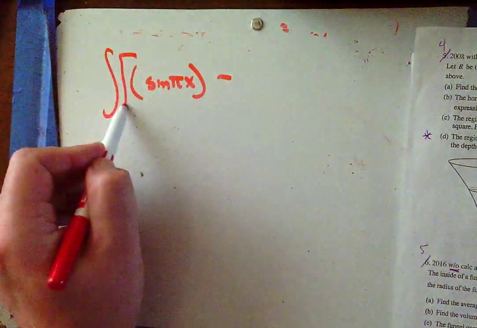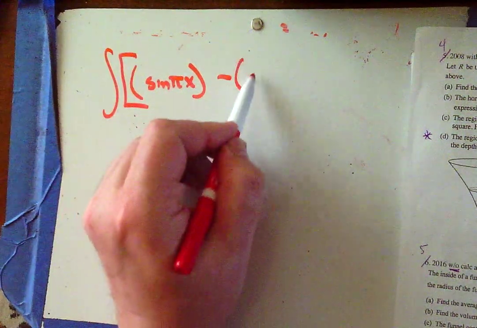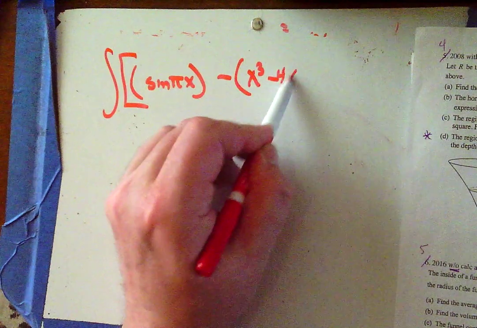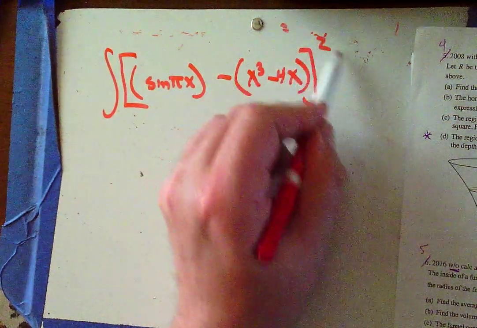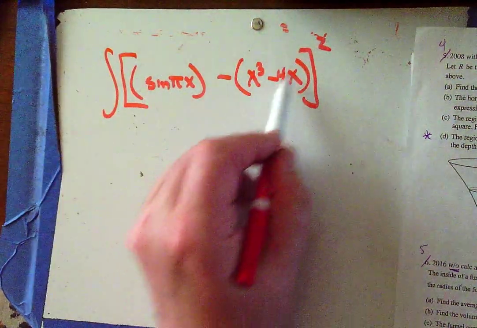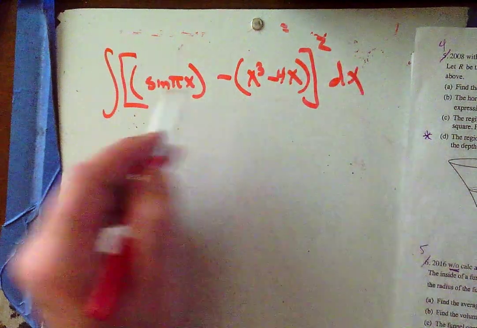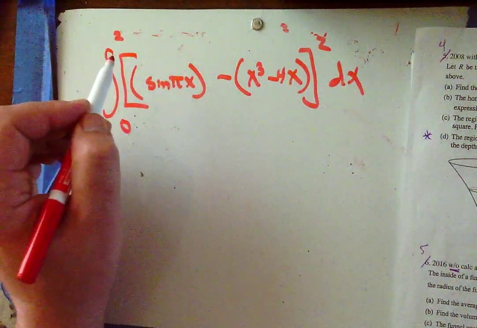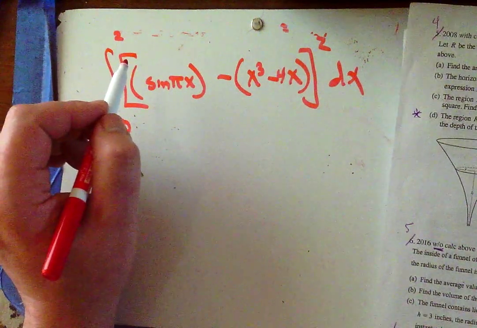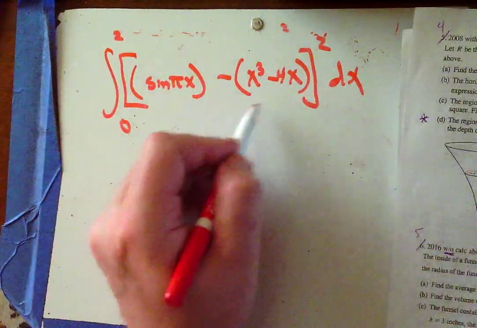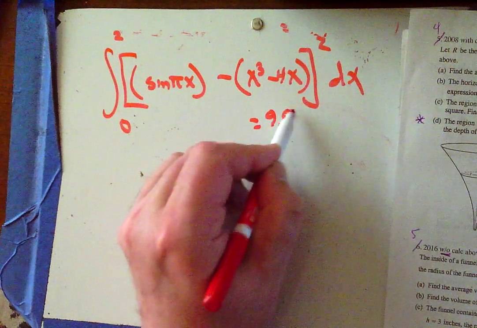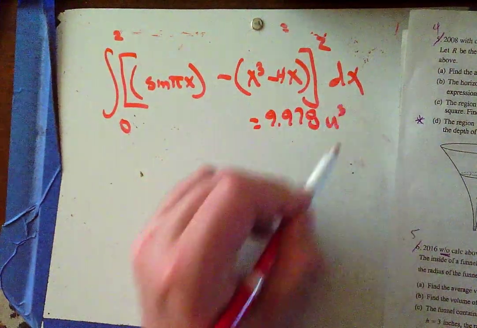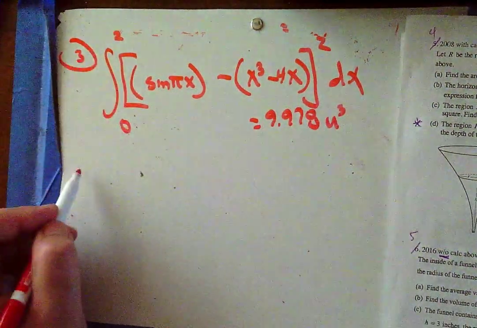It's going to be top minus bottom, x to the third minus 4x, squared. Top minus bottom squared dx from 0 to 2. There's my integral, and when I do this on the calculator, I end up with 9.978 units cubed.